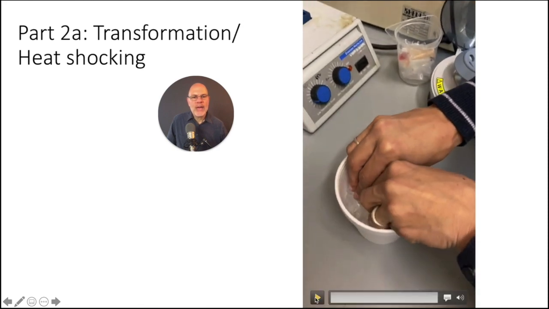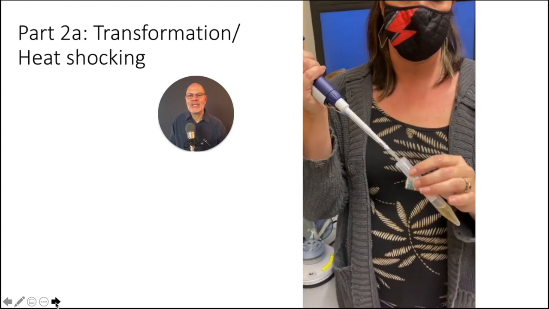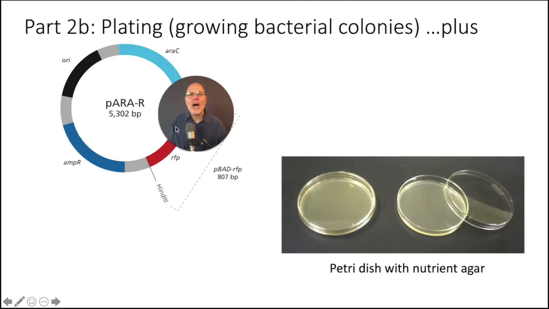Now that was vastly sped up. They actually stayed in that water bath for some specific period of time that maximizes the probability. So it's like you're sitting in ice water, you jump into a hot tub, and then you get back onto ice water. That's what we just did to those bacteria. That increases the chance that the transformation is going to be successfully performed.